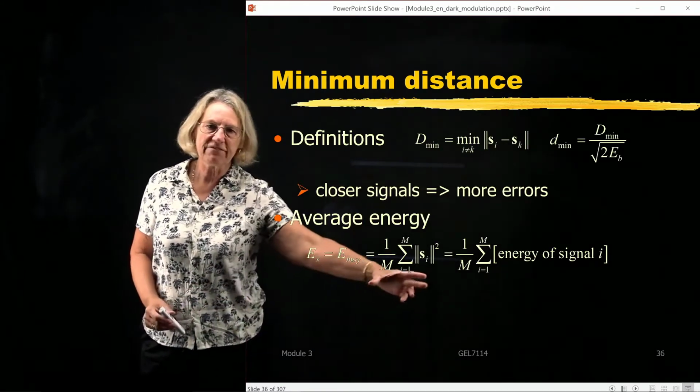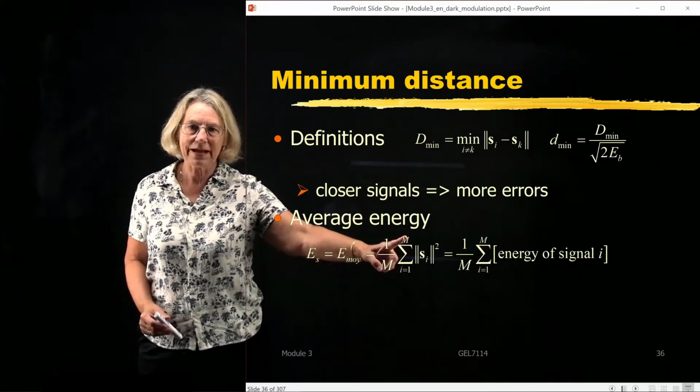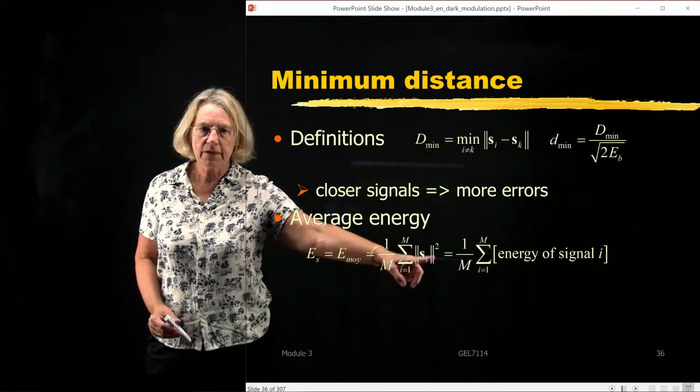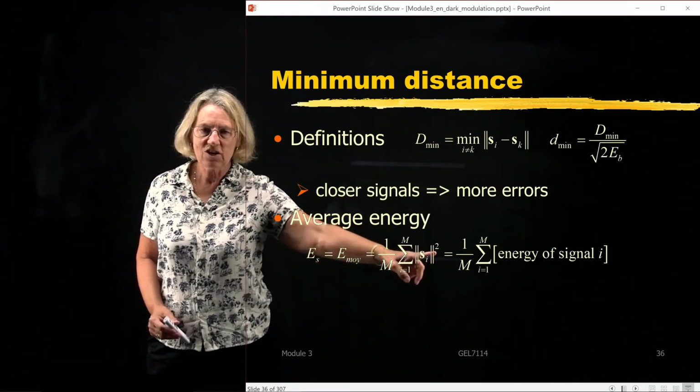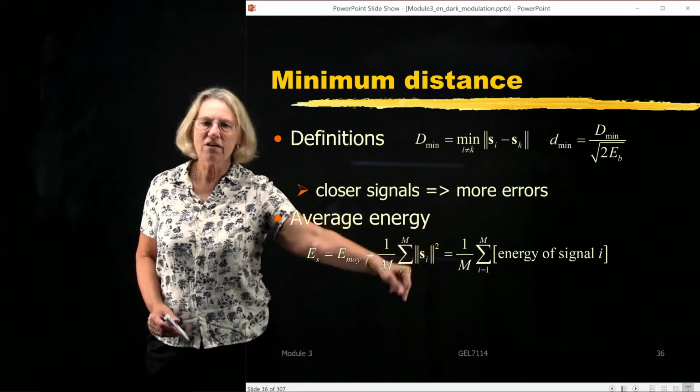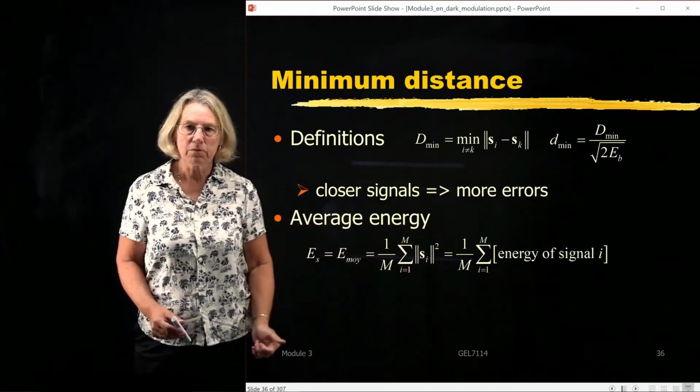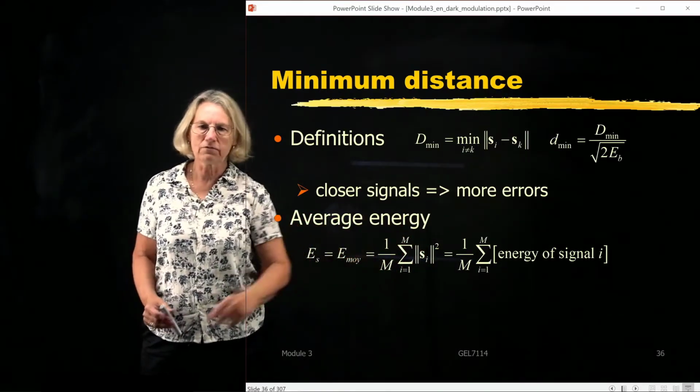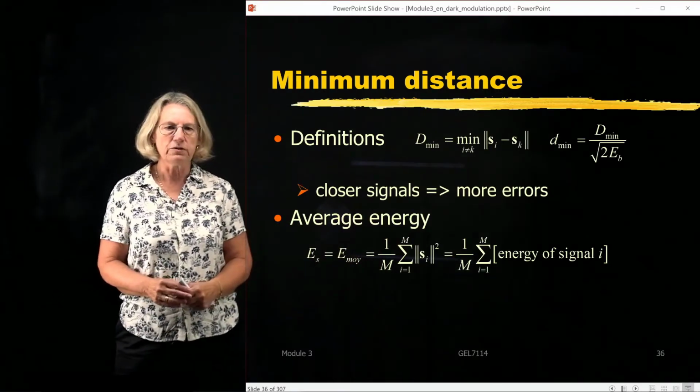And we have the definition here: if I have M symbols in my constellation, the 2 norm, the modulus squared, I will sum over all M symbols, the energy of each one, and of course multiply by 1 over M. That gives me the average energy per symbol.